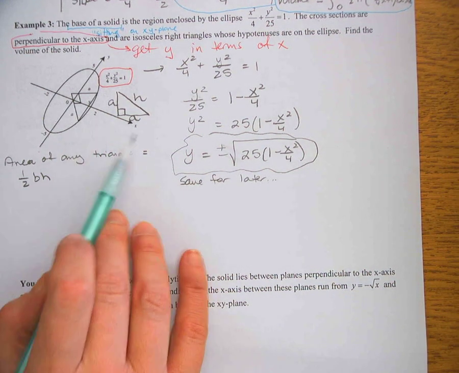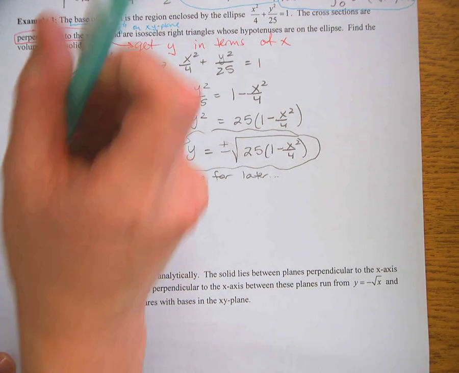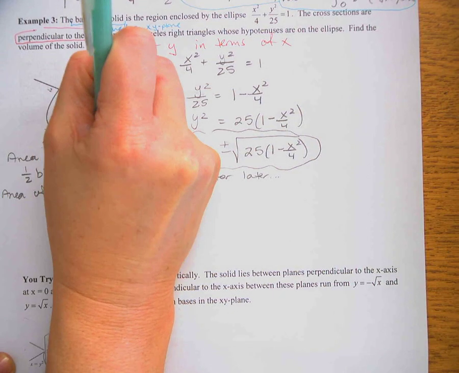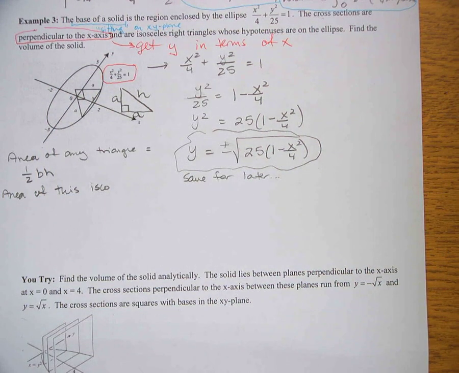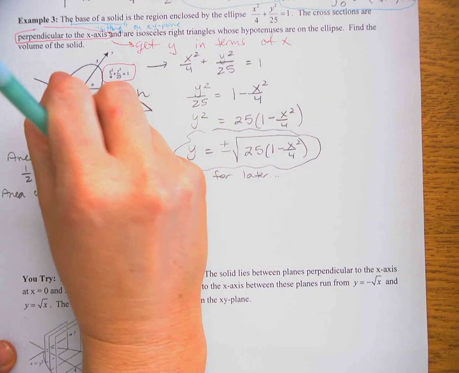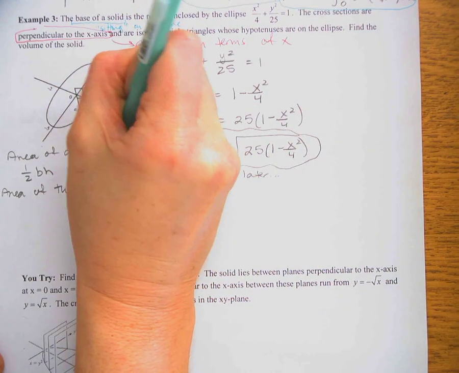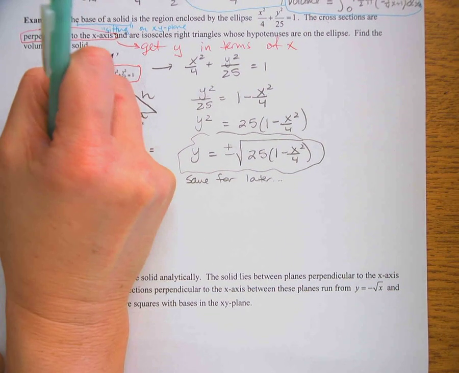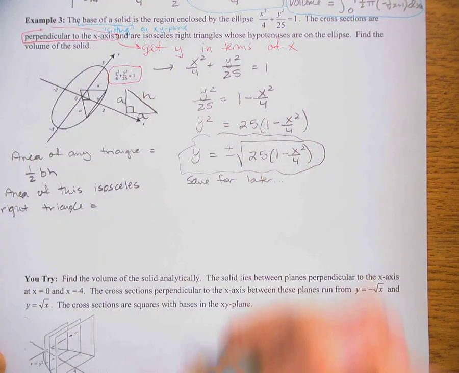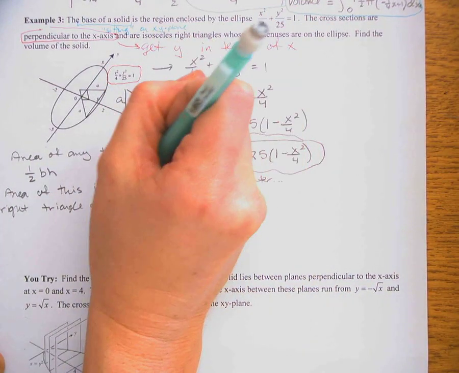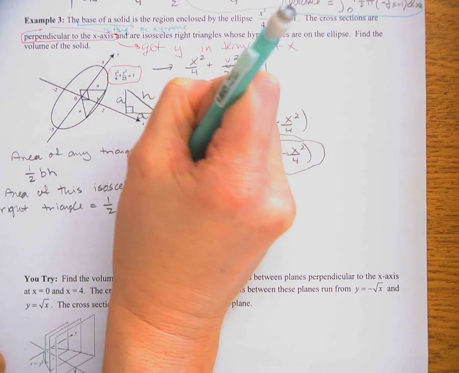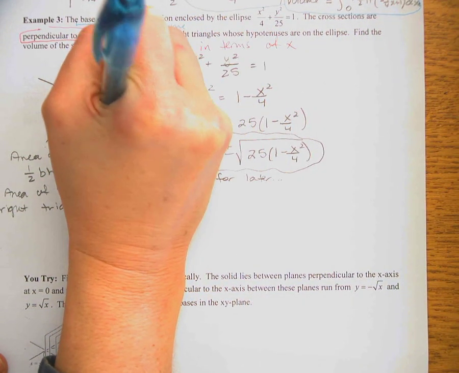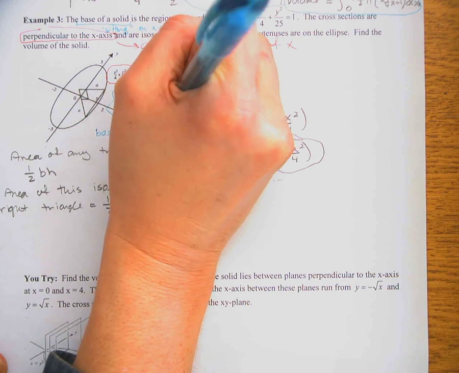So if you look at this particular isosceles right triangle, the area is basically going to be 1/2 times base, which is A, times height, which is A. So the cool thing about this particular triangle is that the base equals A equals the height.